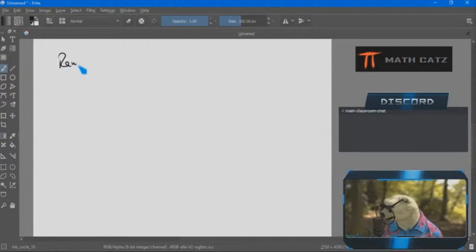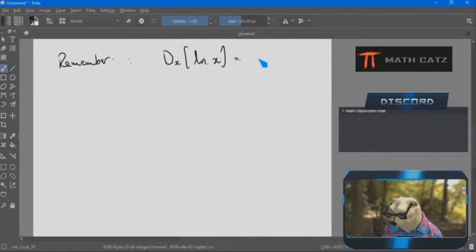So remember, if we talk about derivatives, the derivative of the natural log function, ln, is 1 over x. And of course, x has to be positive because the log function isn't defined anywhere else.